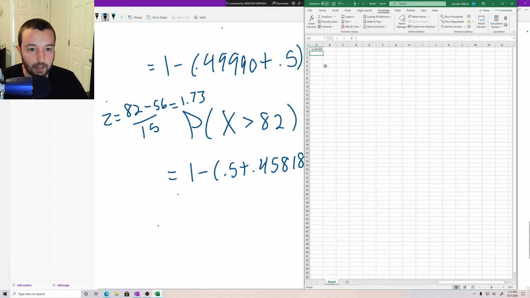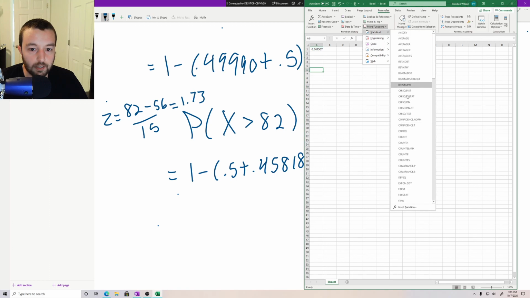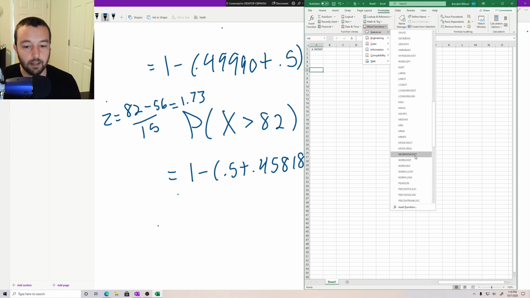Just to show it one more time in Excel, if we wanted to do this one in Excel, you would go to the, so actually the normal distribution function will give you the less than. If you want the greater than, then you can use the normal inverse, which is this.